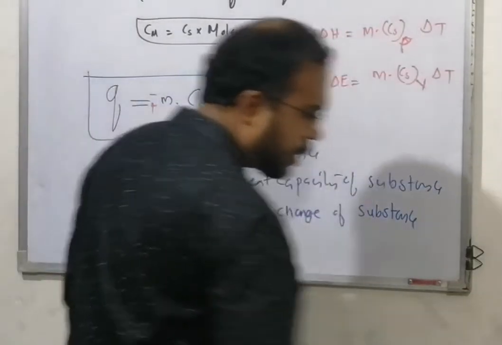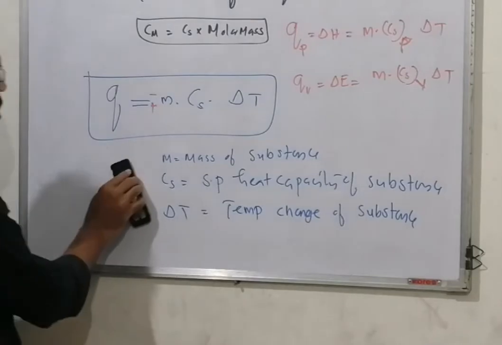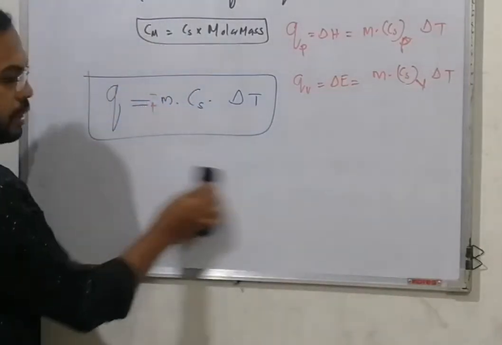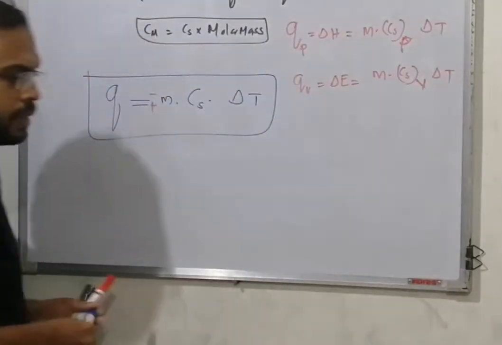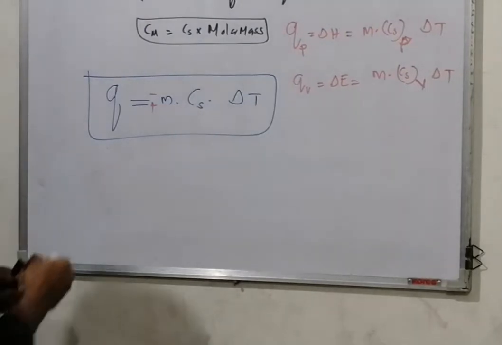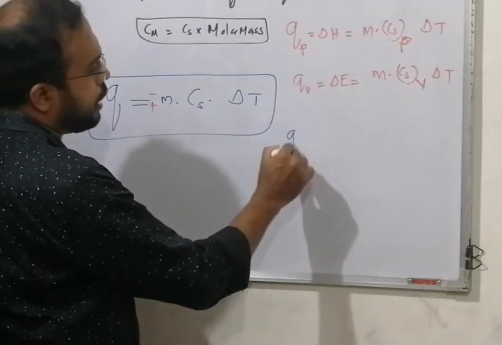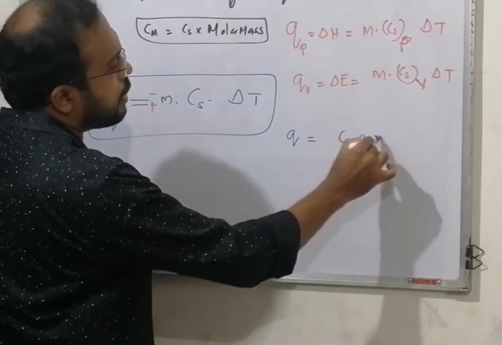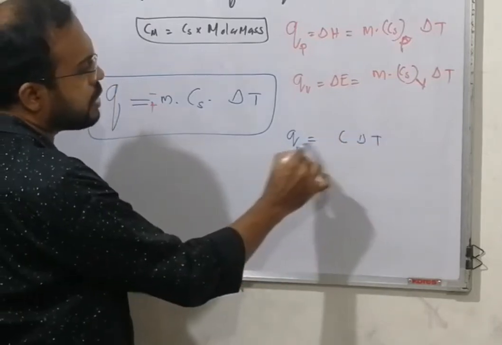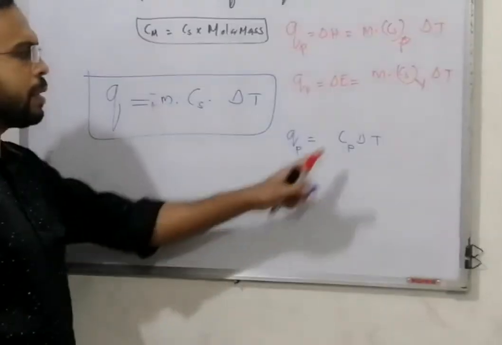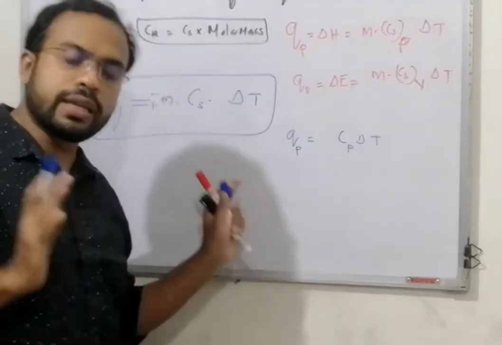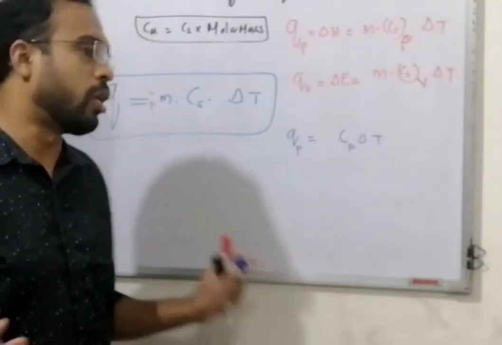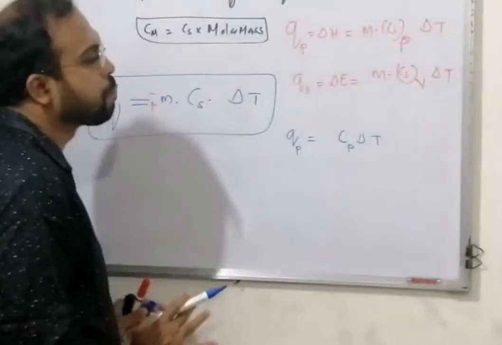Now there is another very important equation that has been used in various examinations. We know that Q is equal to C delta T, or QP is equal to CP delta T. CP is heat capacity, neither specific nor molar, general heat capacity.